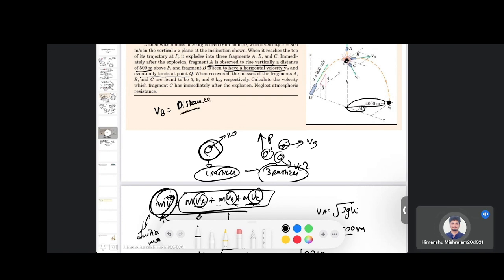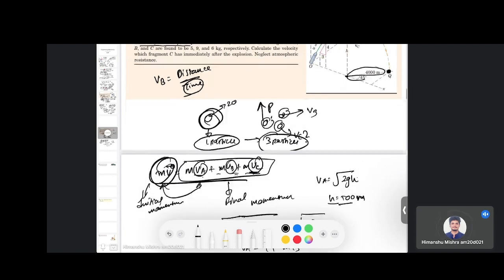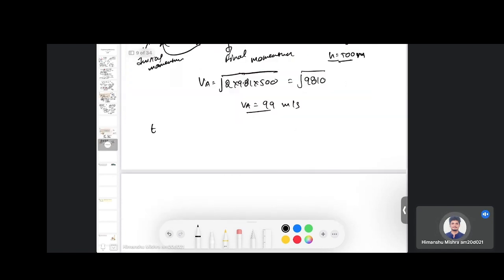and then I can obtain the velocity of particle B as distance divided by time. So I need to calculate the time it takes to reach point Q, right? And from the projectile motion I can define my time as uz by g, which is 300 times 4 by 5, divided by 9.81.